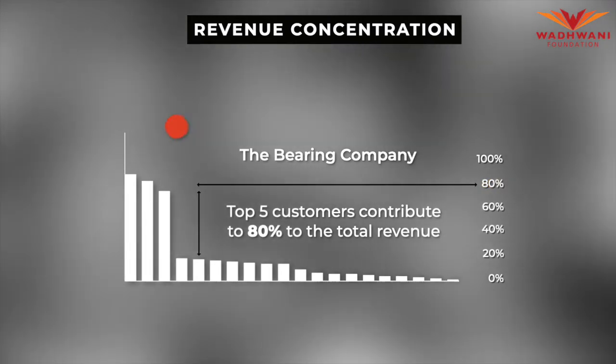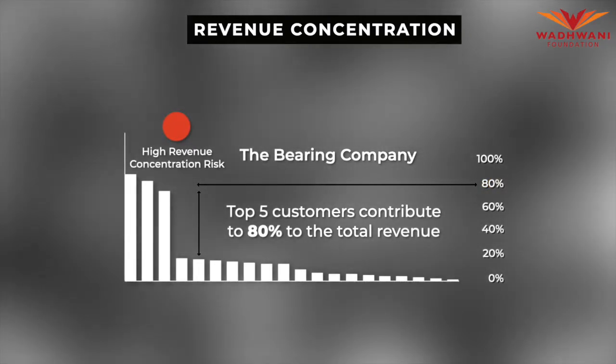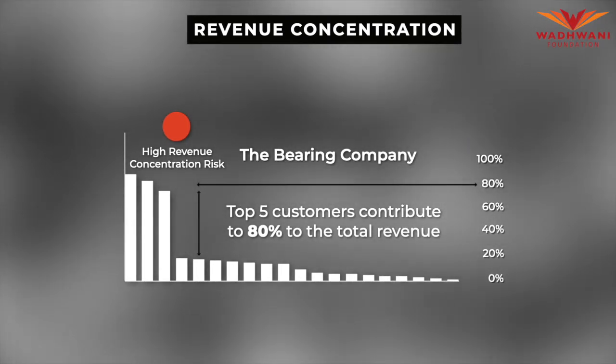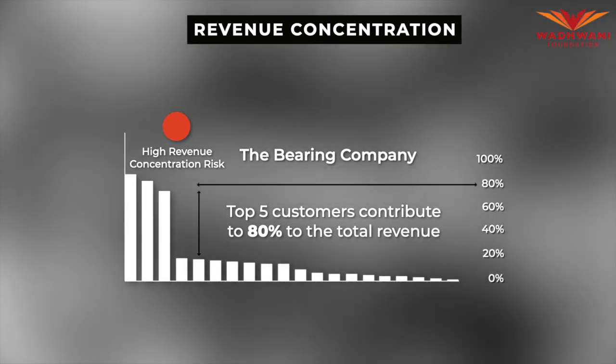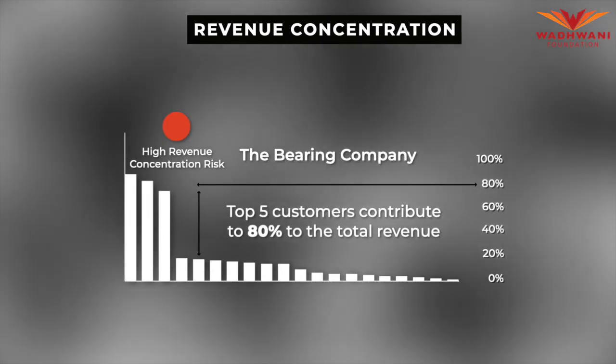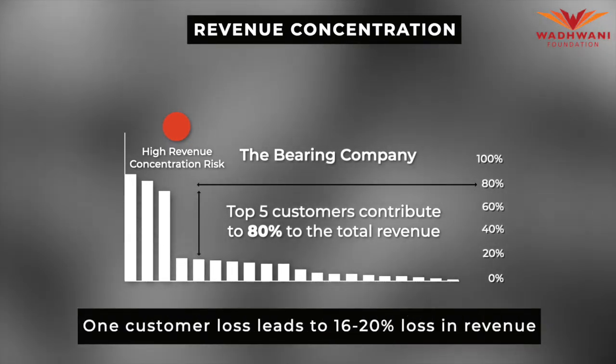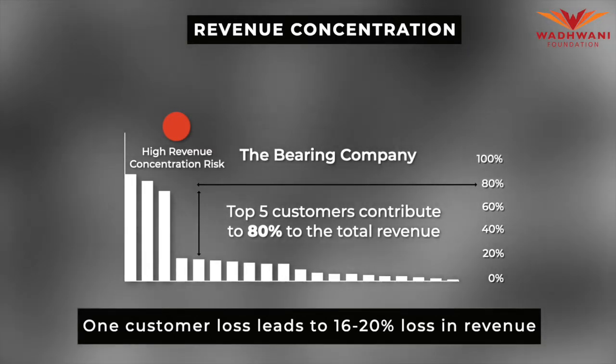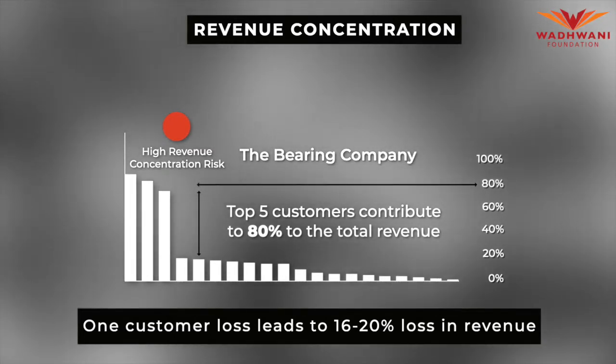Here there is a very high risk of revenue concentration, which means that if you lose one customer, you are going to lose straight away 16 to 20% of your revenue, right? And thus this company is at a high risk of revenue concentration.